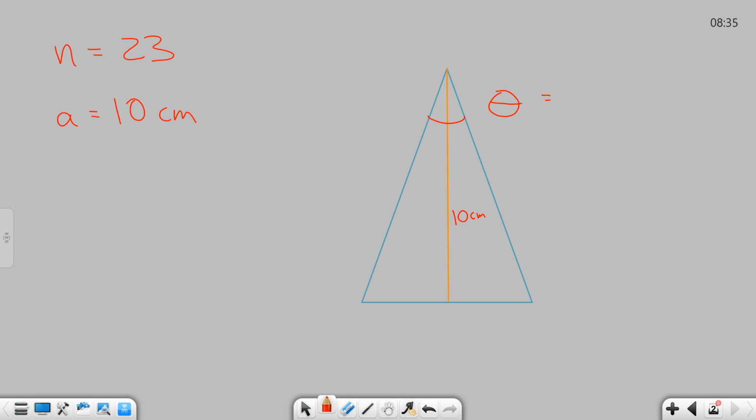How big is theta? 15.6. So 360 divided by 23 is 15.6. Now, you should store that number. It's not 15.6 exactly, right? No, it keeps going, right?